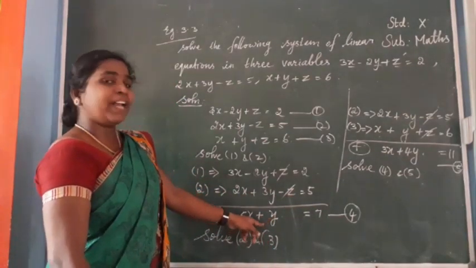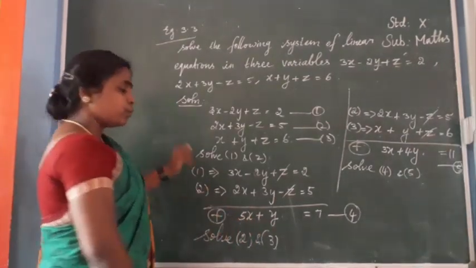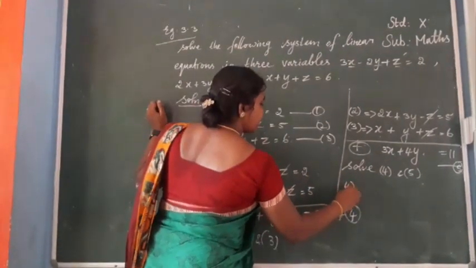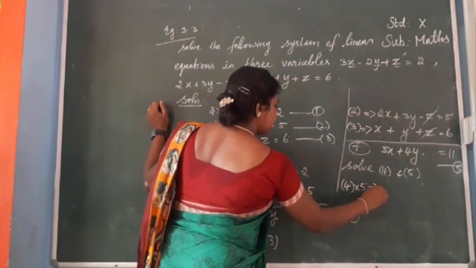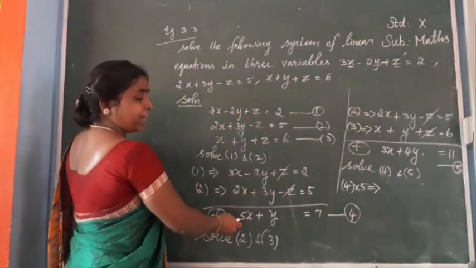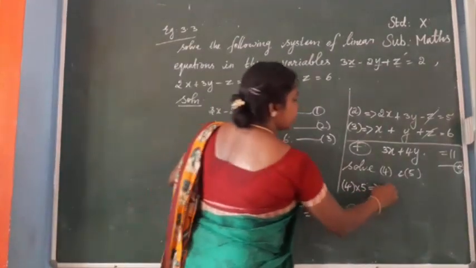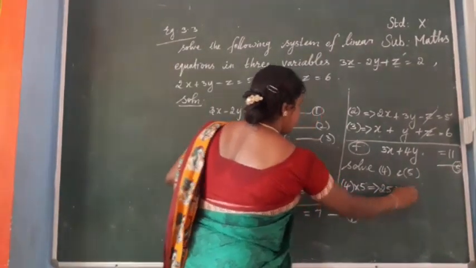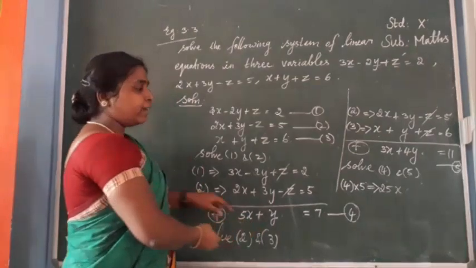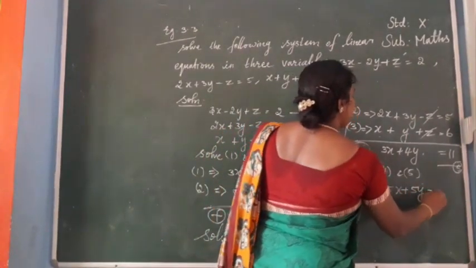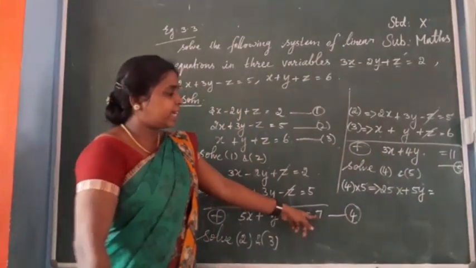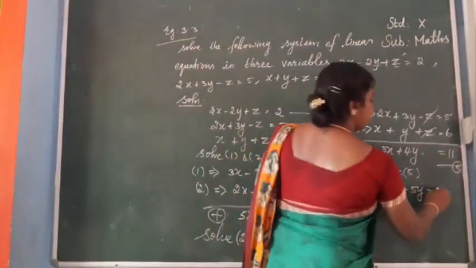So the fourth equation times 5: 5 fives are 25, so 25x. Next, 1y, 1 into 5, so plus 5y equal to 7, 7 fives are 35.